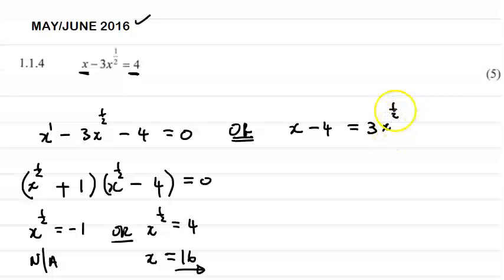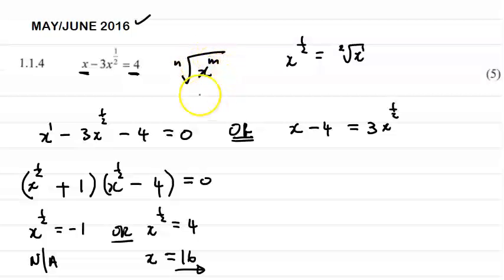Now we know that x to the half is equal to the square root of x. Remember the rule: the nth root of x to the m is x to the m divided by n.